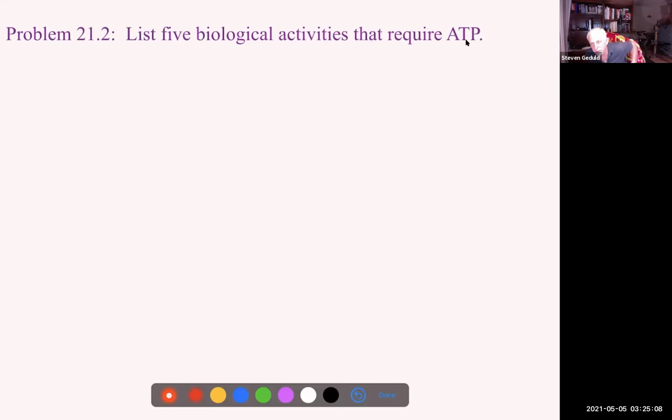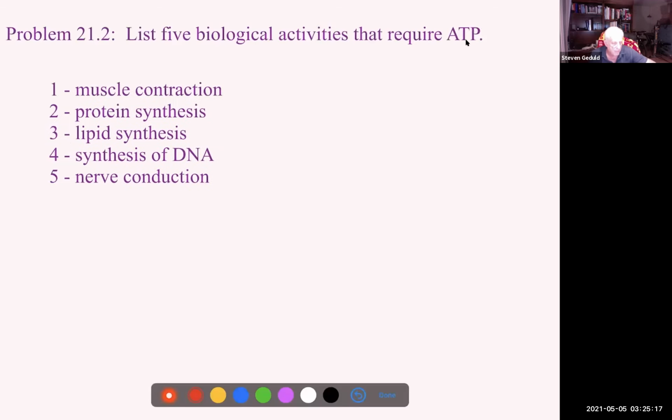Anytime you're building something, biosynthesis, it is going to require energy. Muscle contraction, which we talked about, protein synthesis, lipid synthesis, DNA synthesis, and nerve conduction. Those are some of the things we talked about. There's a whole lot of others.